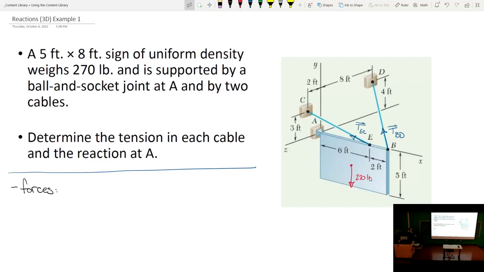Okay, now the remaining unknown is the reaction at A. Now, this is a three-dimensional reaction, and I don't know it. Whenever you don't know, and this was the case with support reactions in 2D, we need to make an assumption about direction. I'm going to assume that all of these components are positive. What I mean by that is we're going to have an AX, an AY, an AZ.